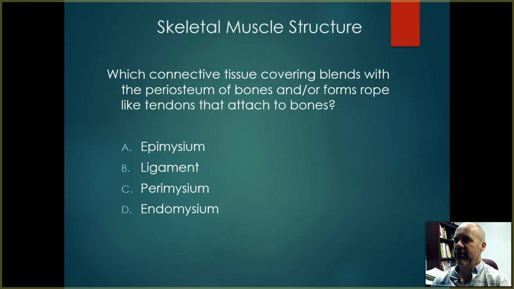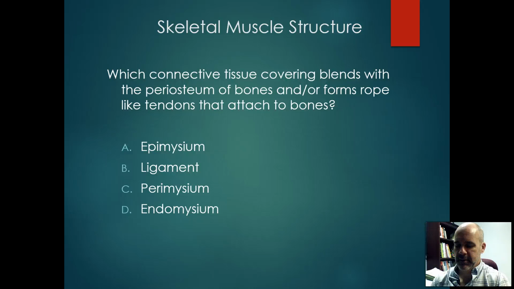Which connective tissue covering blends with the periosteum of bones and or forms rope-like tendons that attach to bones? So basically this is asking us what's the outermost connective tissue covering that we would have around the skeletal muscle. And so hopefully, since we just went over those, you're thinking of epimysium.